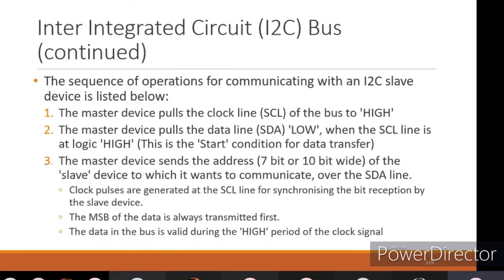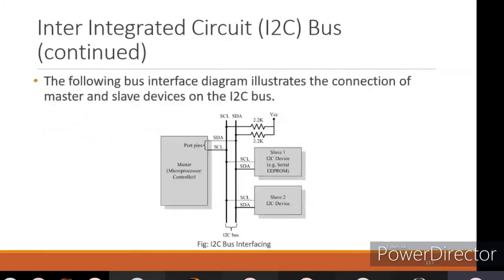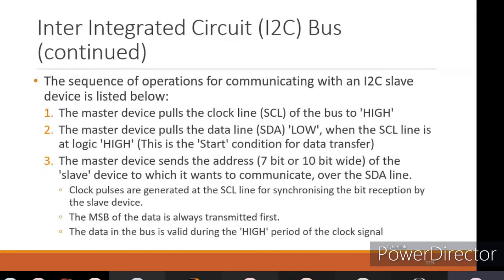The sequence of operations for communicating with an I2C slave device is listed. First, the master device pulls the clock line, that is SCL of the bus, high. The master device has to generate the synchronous clock also, that's why the master has to make the SCL line high first.